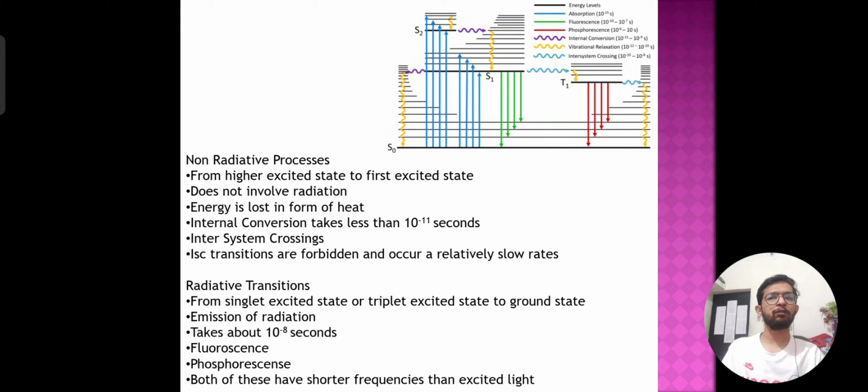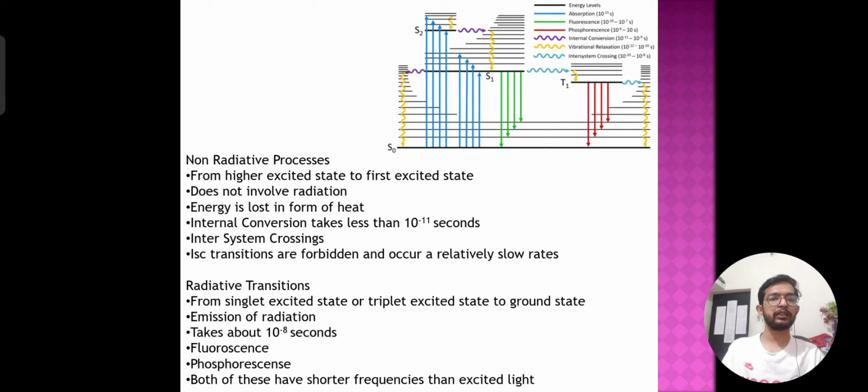These transitions involve the return of the activated molecule from the singlet excited state S1 or triplet excited state T1 to the ground state S0. Such transitions are accompanied by emission of radiation, therefore they are called radiative transitions.